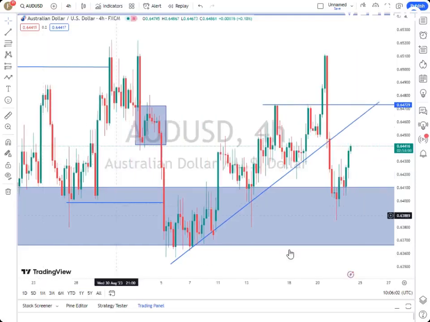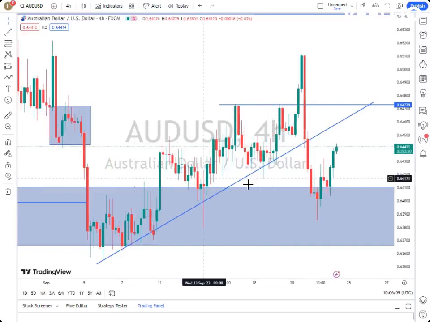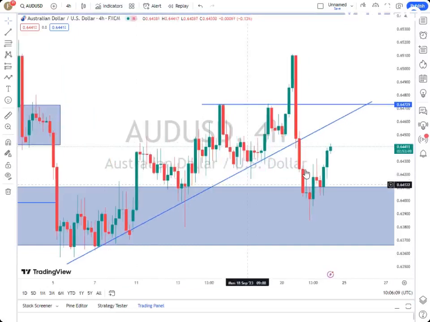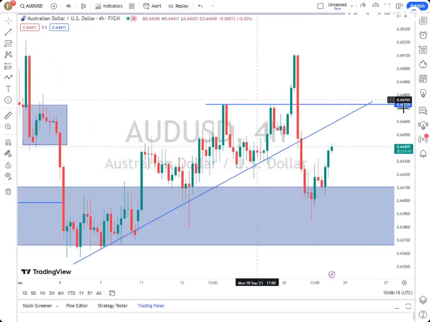As you can see at this point here, we just broke the trend. AUD just broke the trend as we speak, and we are currently rejecting once again. So guys, as long as we stay below 0.64729, I'm looking for a sell, it's a sell.